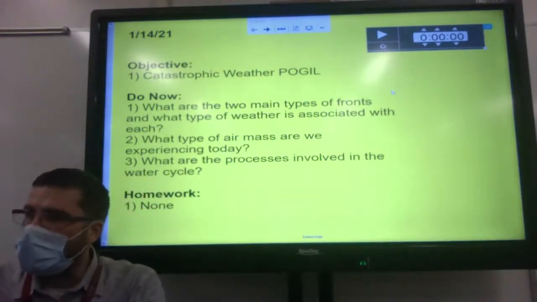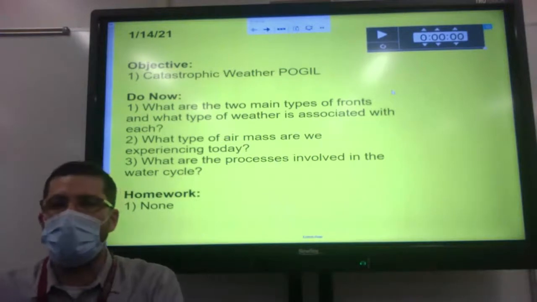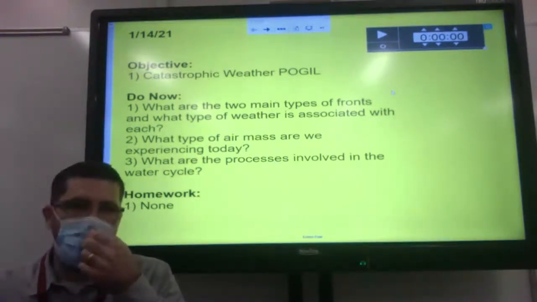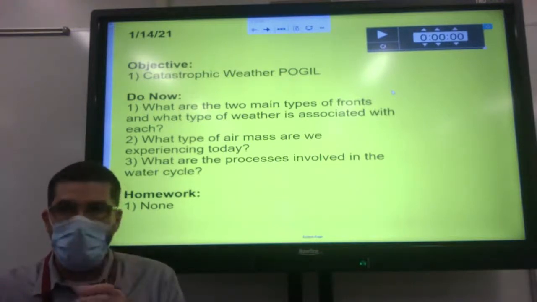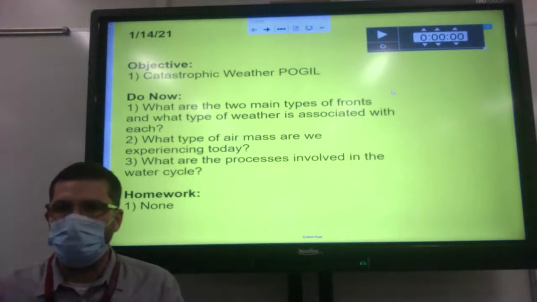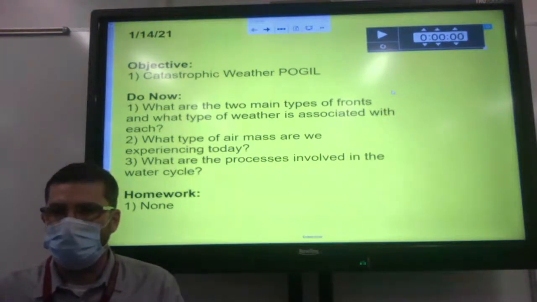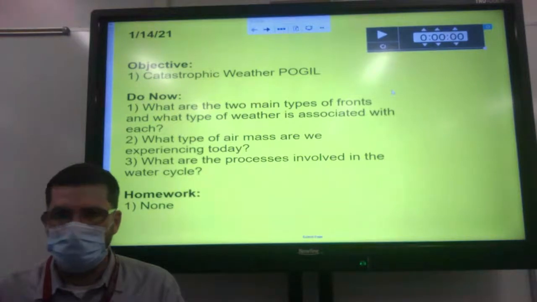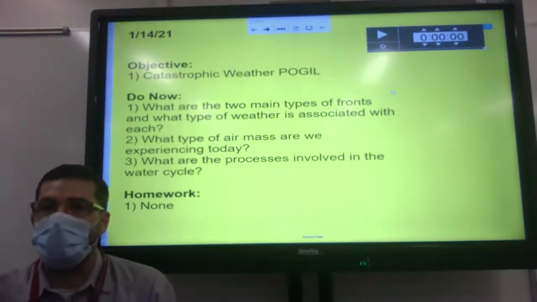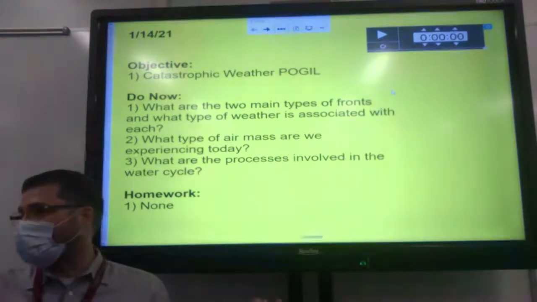So remember the 4 air masses: maritime tropical, maritime polar, continental tropical, continental polar. Out of those 4, which one are we experiencing today? Well, you got a 25% chance of getting it right. There's only 4 possible answers.